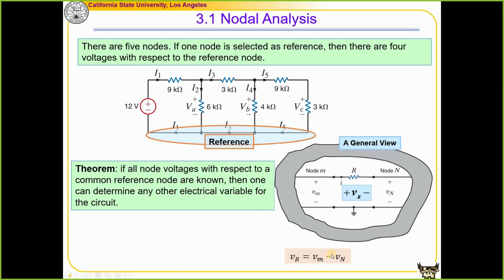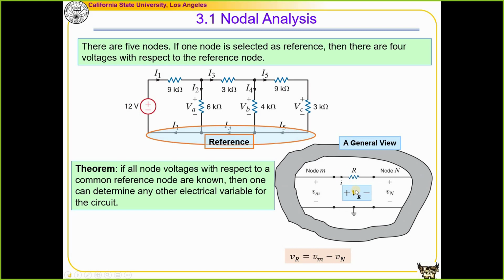We can find the same answer by using KVL as well. If we define a loop over here, the voltage of VR plus the voltage of Vn, which is the same node, then plus another voltage drop, which is negative Vm, is equal to 0. We can find the same answer: VR is equal to Vm minus Vn.